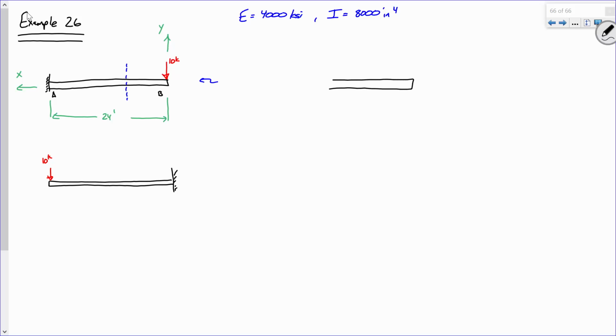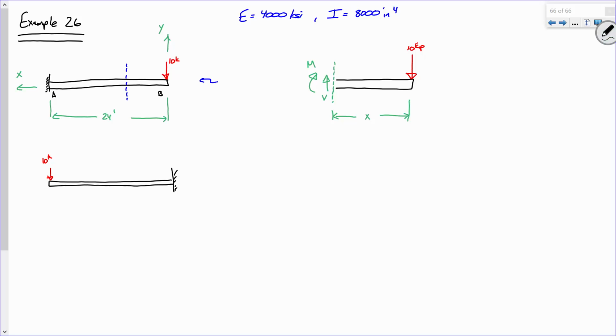I got this, 10 kips. Now, I've got an unknown shear and an unknown moment, right? How long is that segment? It's X. There we go.